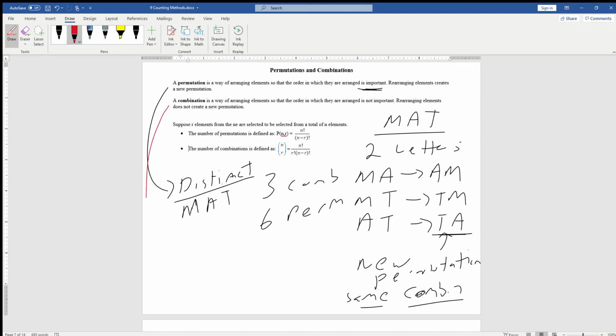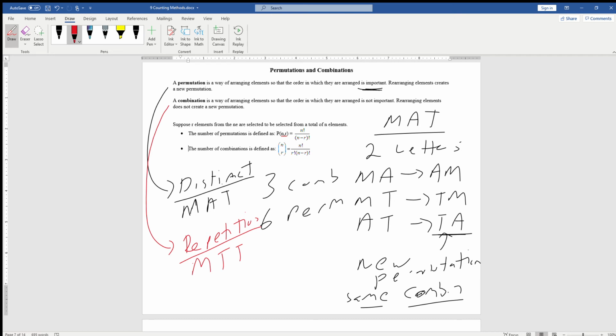However, a combination is when there's some repetition because you can't distinguish the objects. So for instance, instead of M-A-T, let's say we had the objects M-T-T, where any 2 of the objects could be interchangeable with one another. It fits a definition, but it's not distinguishable.